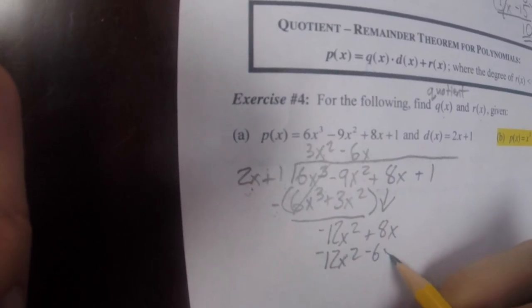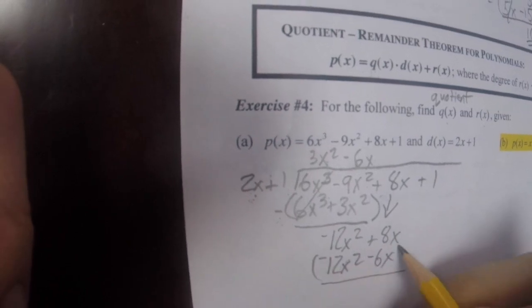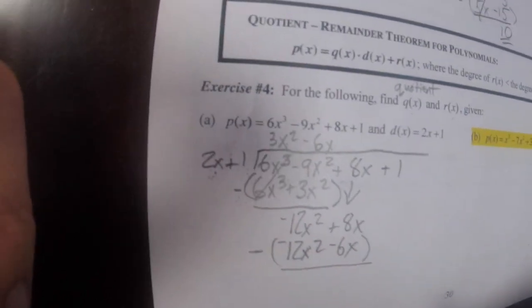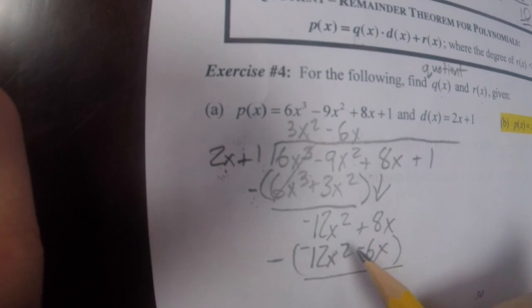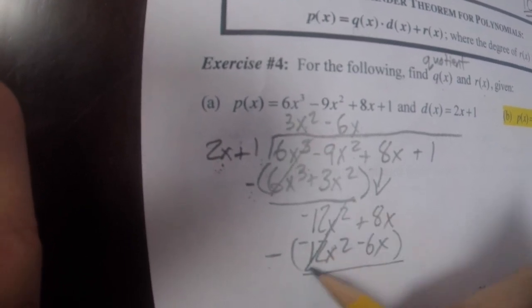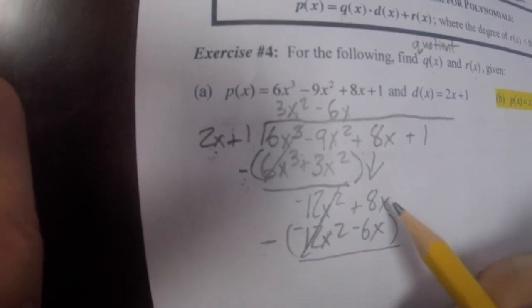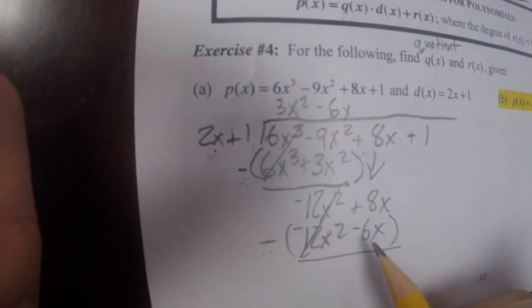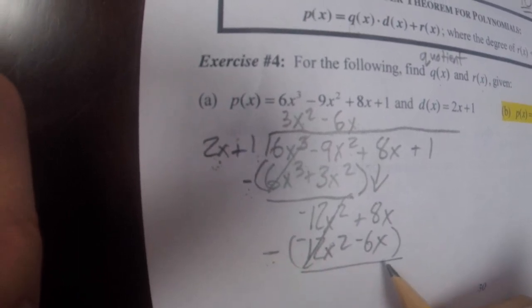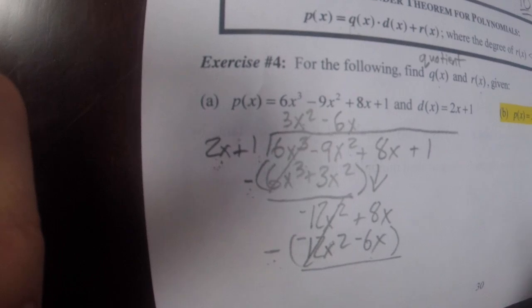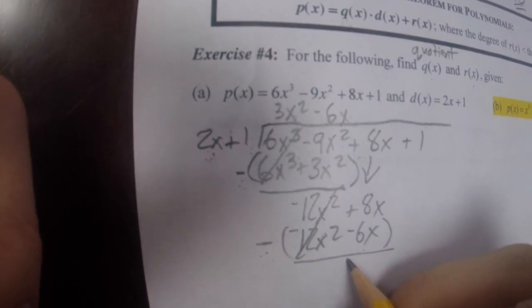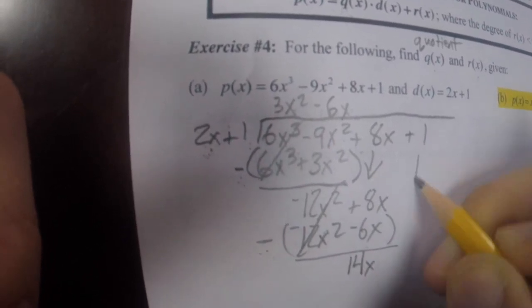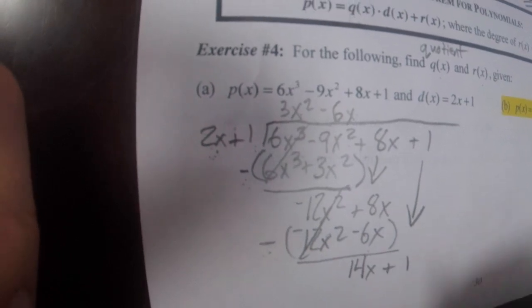We get negative 6x. And just remember, we're subtracting this entire thing. Negative 12x squared minus negative 12x squared cancels. 8x minus negative 6x, that's really 8x plus 6x, which would be 14x. Bring down your next term, which is a 1.